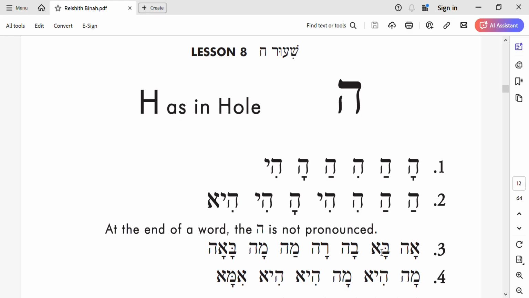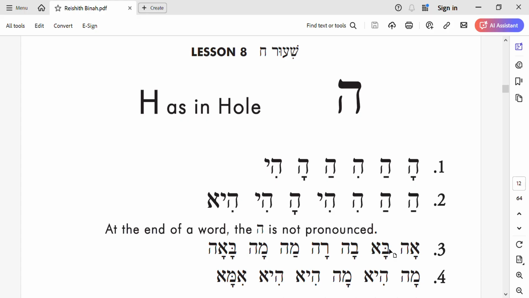So all that you need to know to pronounce this particular word is kind of contained right here in the bet. On its own, it will sound ba, and together with the aleph, it will sound exactly the same, ba.